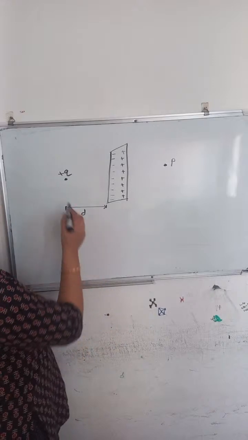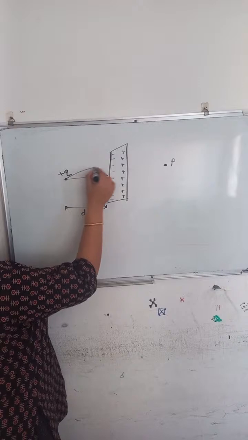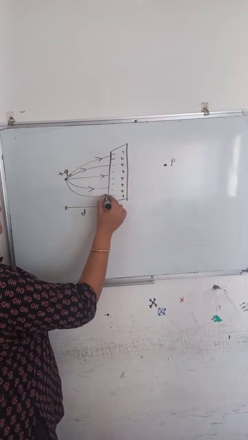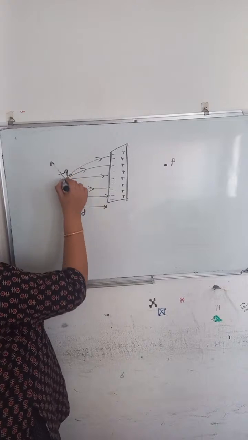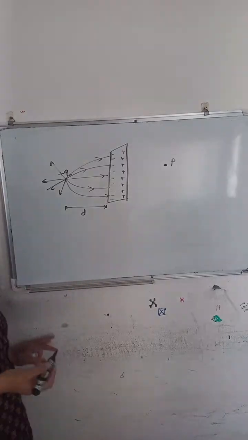Can you get it? As this is positive, electric field lines move towards the negative charge like this. And the electric field from the charge positive Q is radially outward.